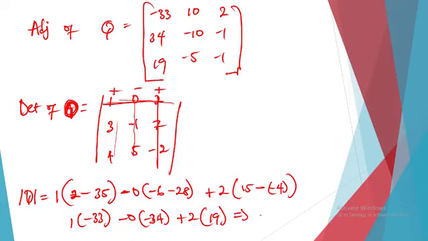Then if we multiply through, we have minus 33 minus 0 plus 2 times 19 will give us 38. So we'll add up. Minus 33 plus 38 will give us 5. So our determinant of Q is 5.